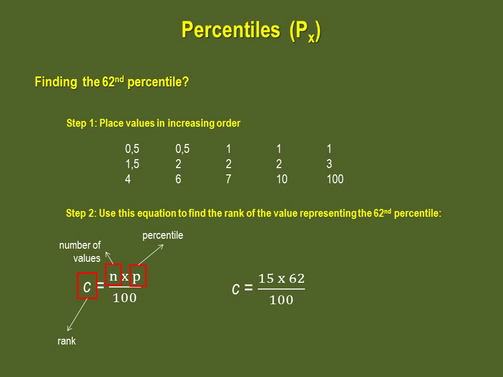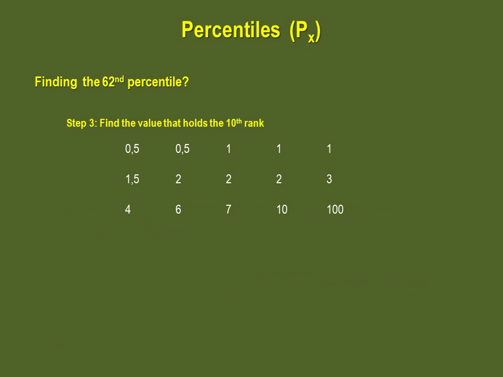As such, C is equal to 15 times 62 divided by 100, giving us 9.3. If C is not a whole number, round it up to the next whole number. So in this case, C is equal to 10.